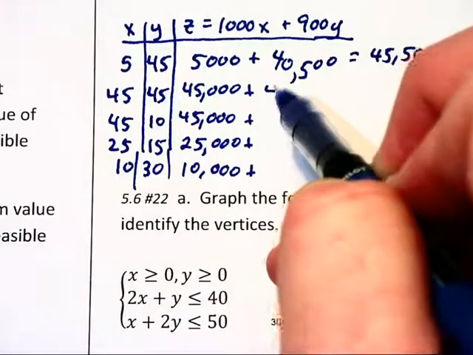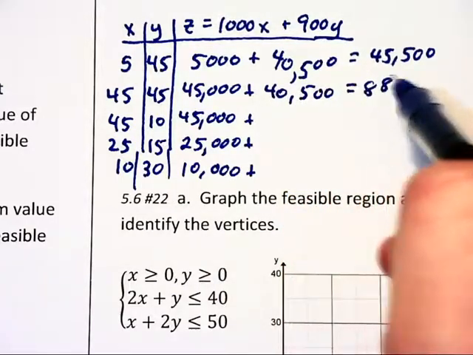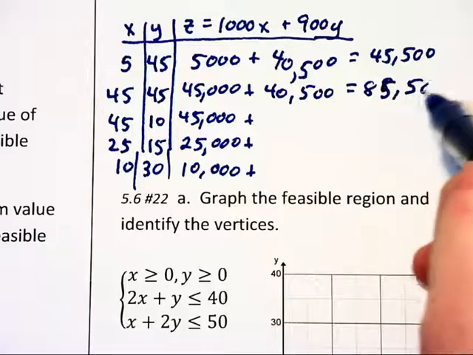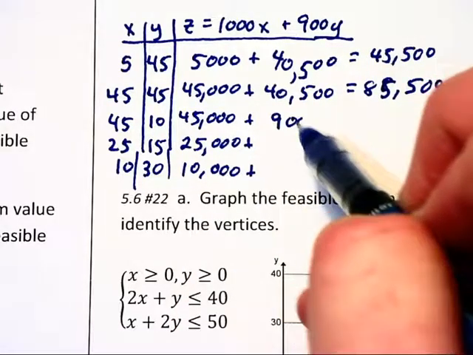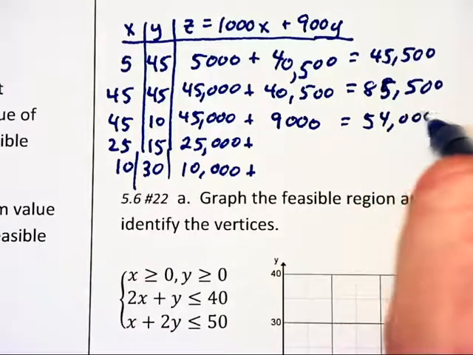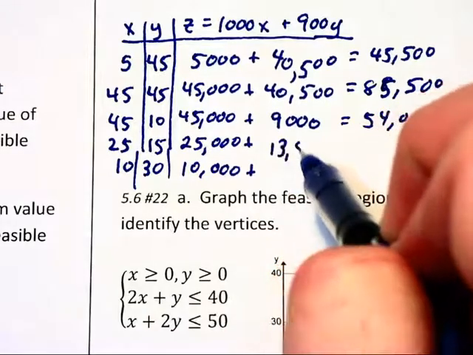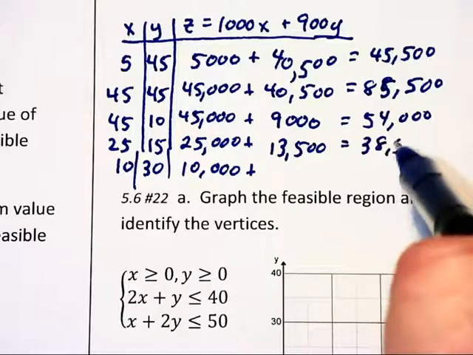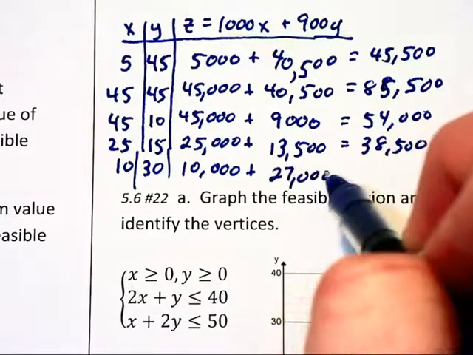Again, 40,500, but this time it will add up to 85,500. 900 times 10, that'll be 9,000, and those will add up to 54,000. 900 times 15 gives us 13,500, and those will add up to 38,500. This next one will be 27,000, and those will add up to 37,000.